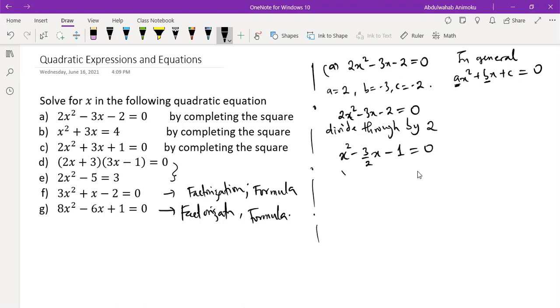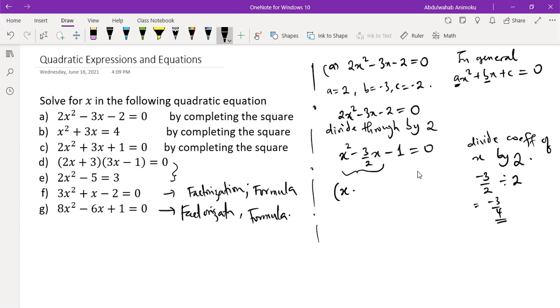Completing the square involves completing this part. What you do is put x on one side, and then we divide the coefficient of x by 2. The coefficient of x is minus 3 over 2. When we divide this by 2, that gives us minus 3 over 4.